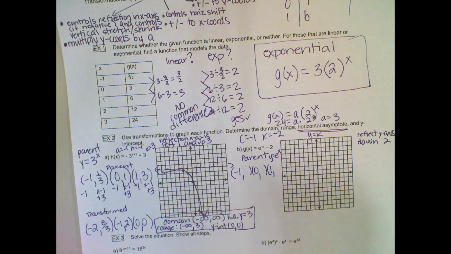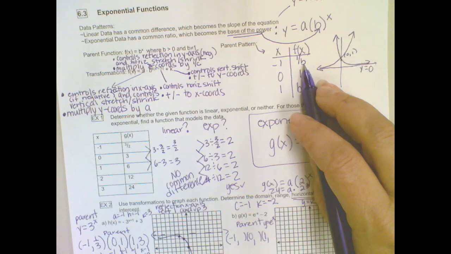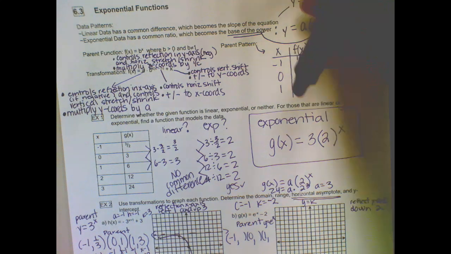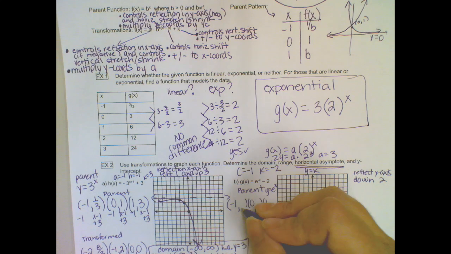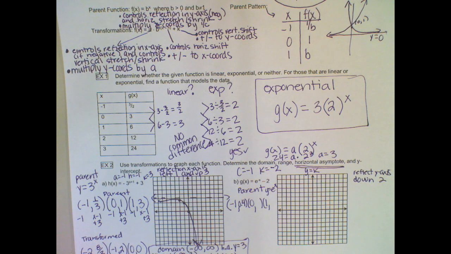So, 1 over b. Well, the base is e. So 1 divided by e, you can do that in your calculator. Rounded to the nearest tenth because we certainly can't graph past the tenths place. So 1 over e, when I round it to the nearest tenth, is approximately 0.4. So we'll put that there.